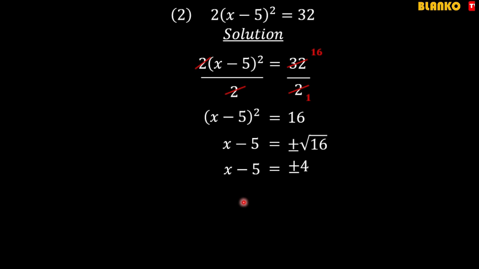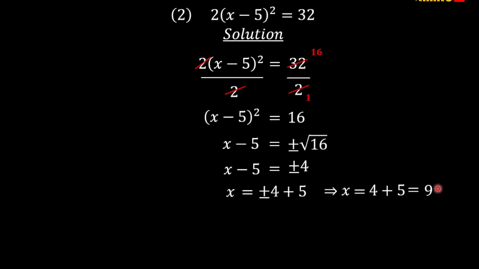So to solve for x, x is equal to plus or minus 4 plus 5. This means x is equal to 4 plus 5, which is equal to 9, or x is equal to minus 4 plus 5, which is equal to 1.